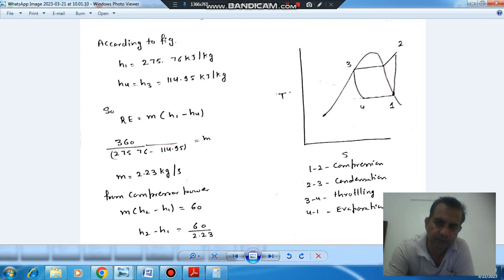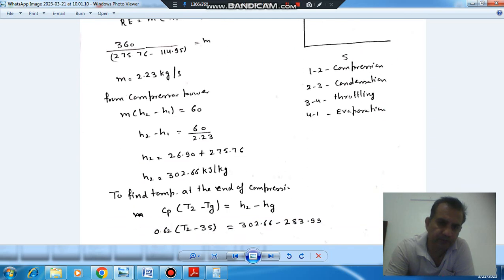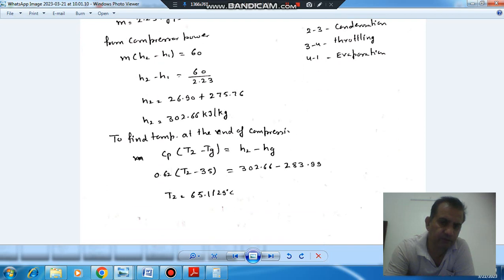Suppose the temperature at point 2 is T2, then Cp times (T2 minus Tg) will be equal to H2 minus Hg. H2 is known, Hg is known, Tg is known, 35 degrees Celsius. T2 will be 65.1129 degrees.